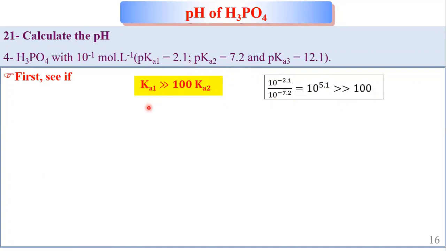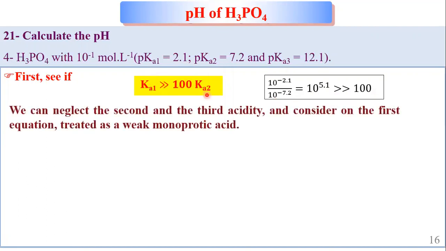If that is the case, we are allowed to neglect the second and third acidity, and we are allowed to consider only the first equation, and we treat it as a weak monoprotic acid.